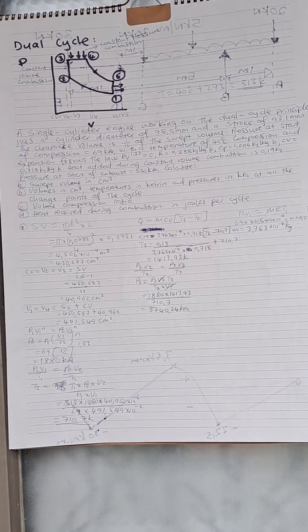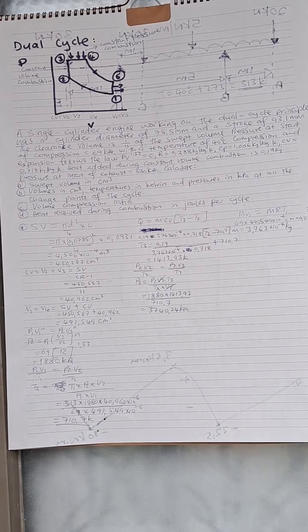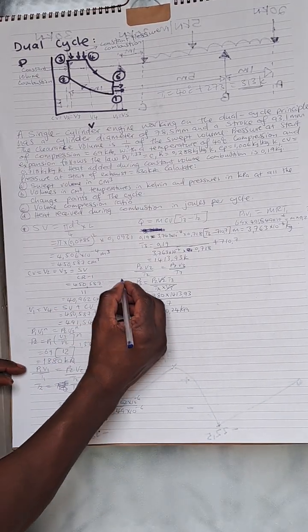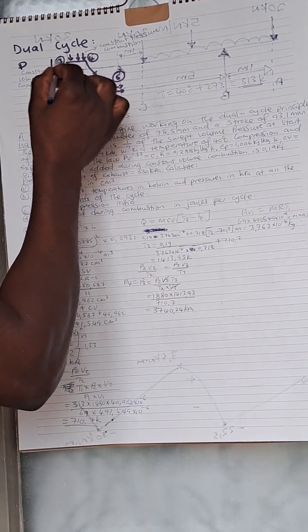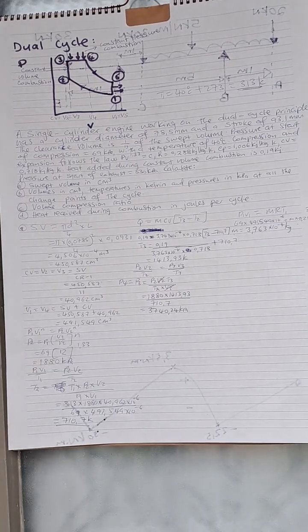So we are sorted there. We have everything at our disposal. Don't forget, P3 is equal to P4. So we have P3 there as well as our P4.